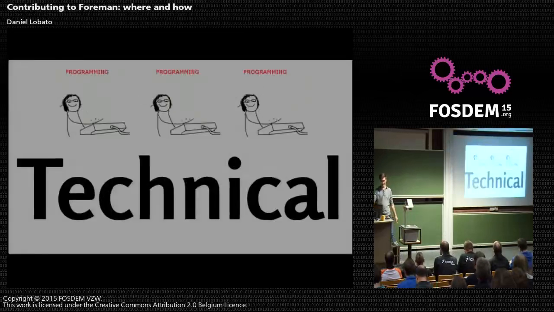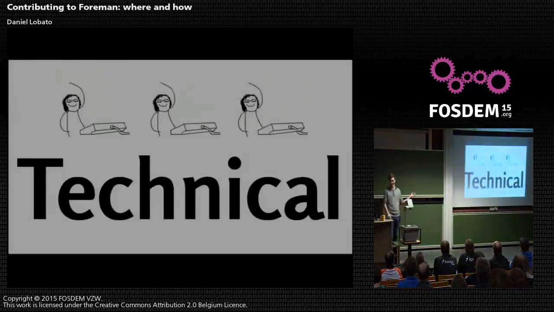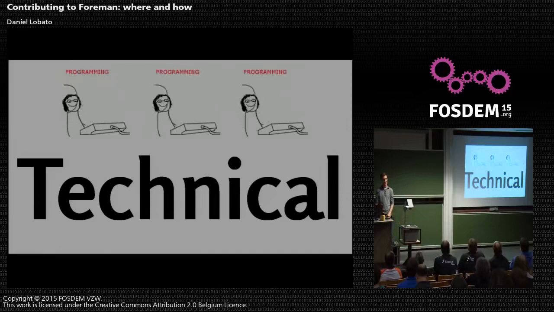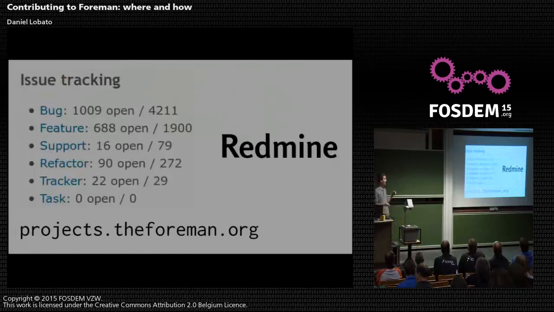Okay, let's start with the most obvious one, technical contributions and how to do them. Our process is very simple. We have a public issue tracker, the URL right there, projects.theforeman.org. You can create issues if you use Foreman and you want to tell us that something is not working as it should.